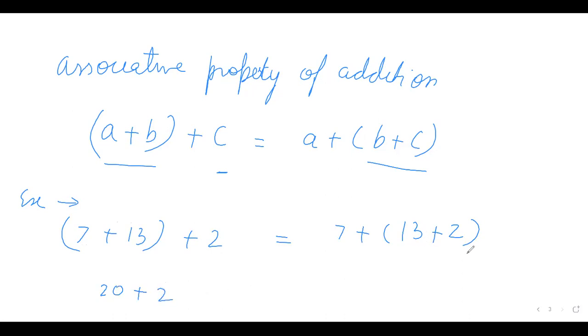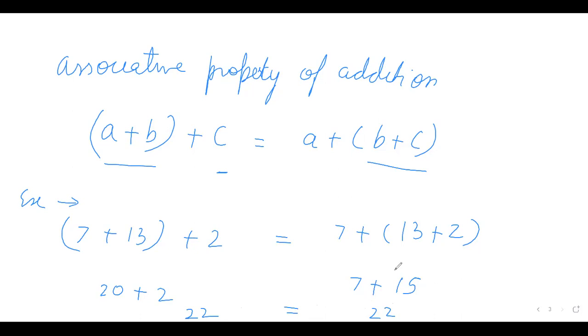And when you perform the addition of this bracket, 13 plus 2, that is 15. So 20 plus 2 makes 22, and 15 plus 7 is again 22. So you can see these two are the same. This is 22, this is 22. So I can add them in any order.